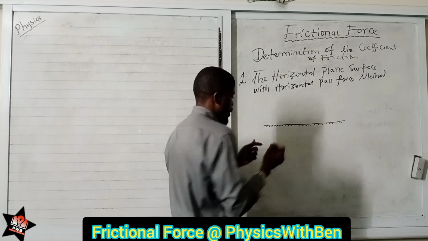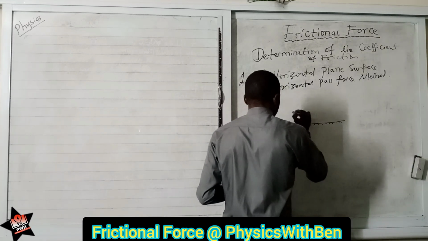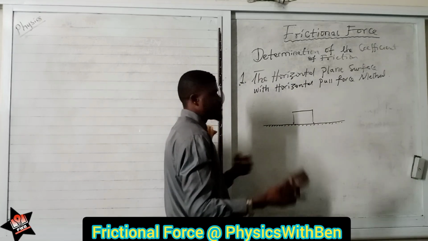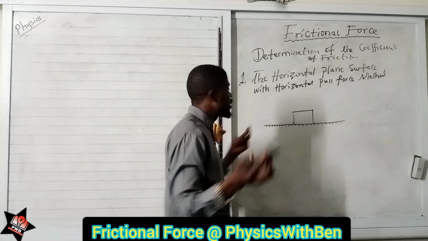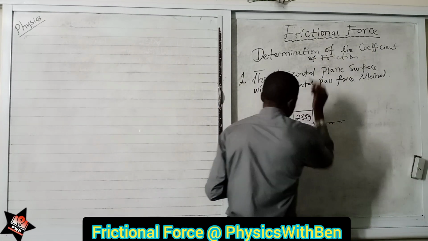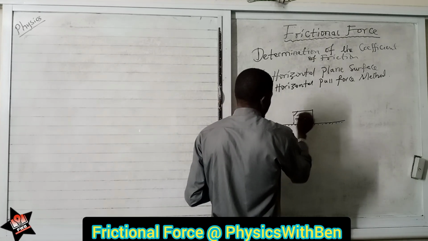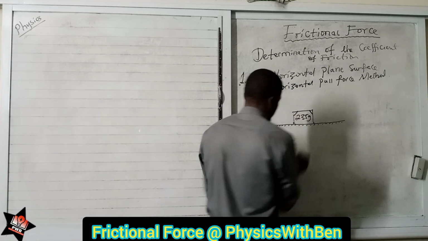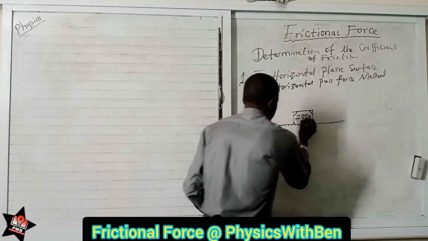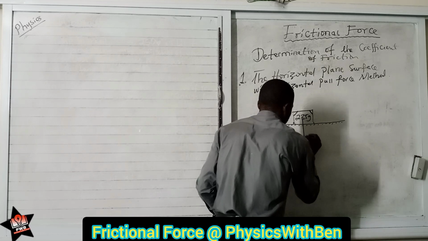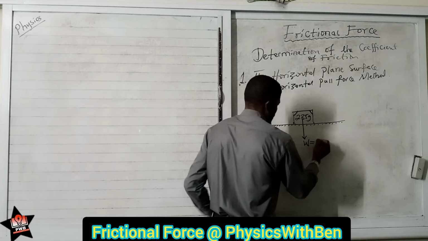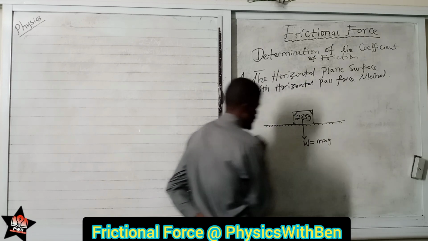So this block, if you weigh it in the lab, the block weighs 230 something grams. This is 235 grams. That is the mass of the block. So if you put this block of wood here, at the center down here, there is the weight of the block, and that weight is equal to mass times gravity.